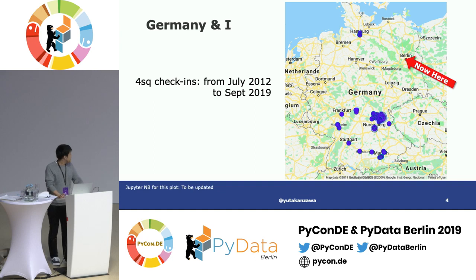Here I plotted, do you know the app called Foursquare? This is my check-ins in Germany from July 2012 until September 2019. As you can see, Germany is one of my favorite holiday destinations, but mainly in the south. So I'm very glad to be here in Berlin.